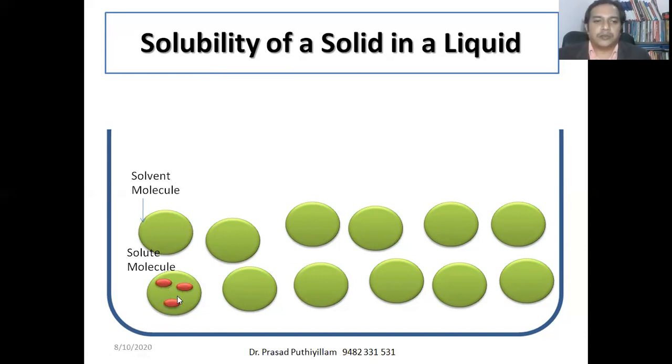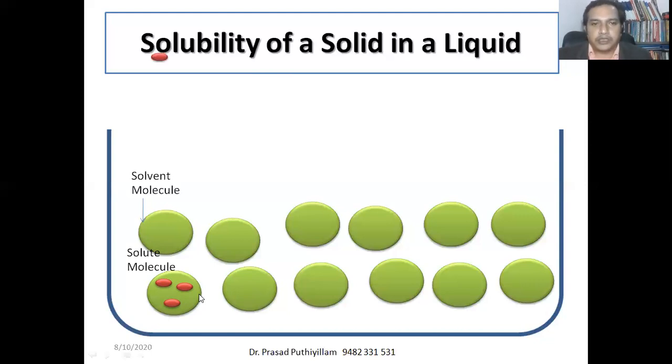The red colored particles here represent solute particles. They will not appear as particles as such in solution, because they dissolve. The solvent molecules are not visible to our naked eye. Even the solute molecule, when it dissolves, undergoes dissolution, and we cannot see it with our naked eye. So this is just a representation.